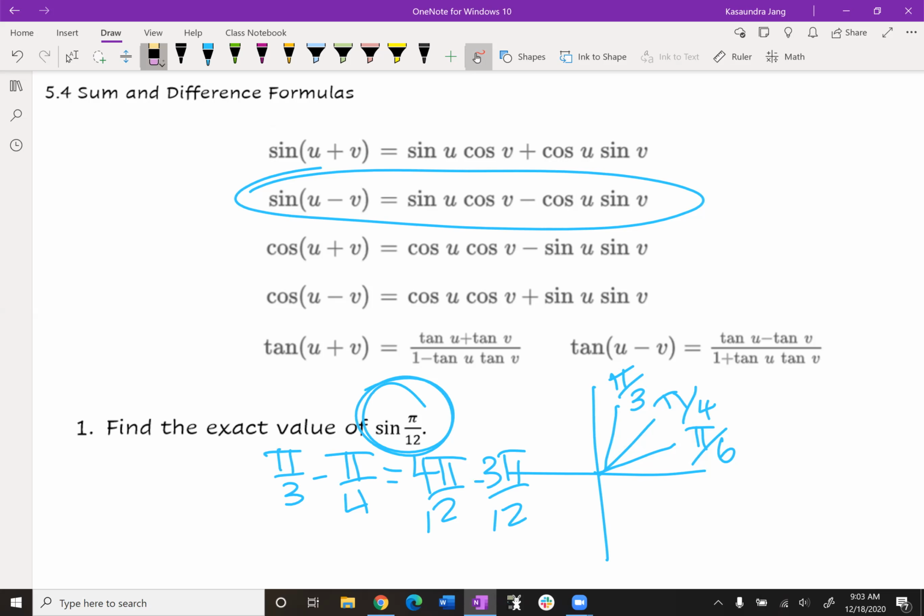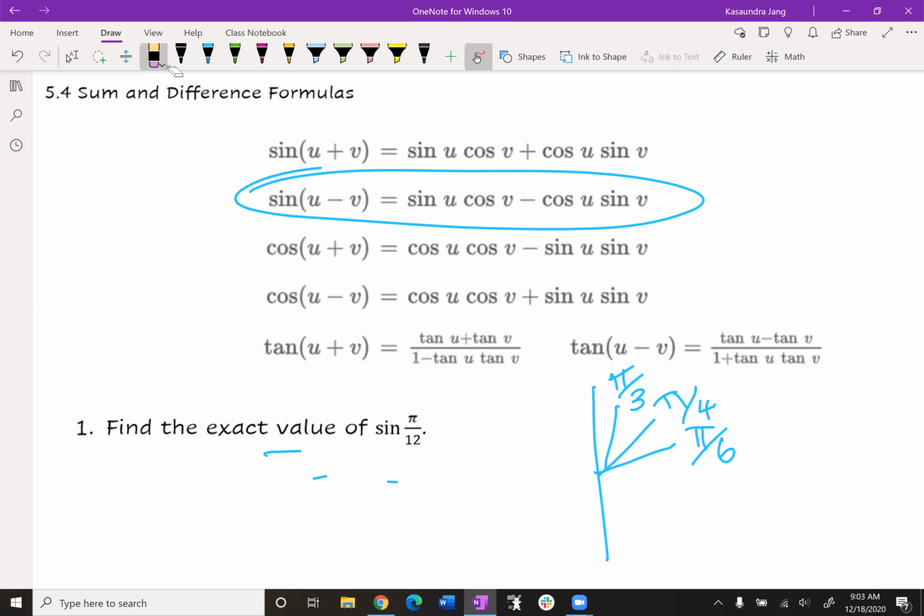All right, so let's see here. I'm going to set this up real quick.